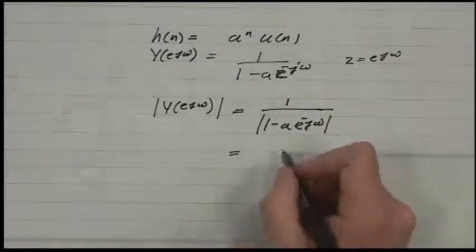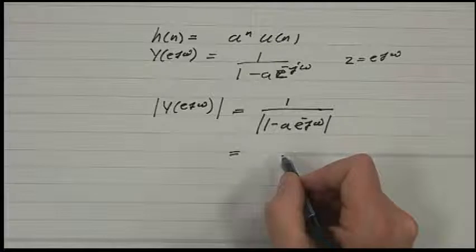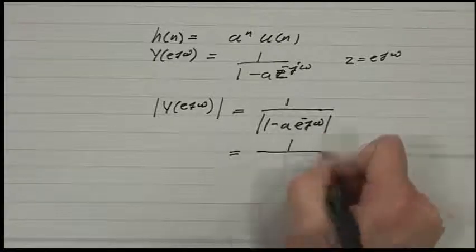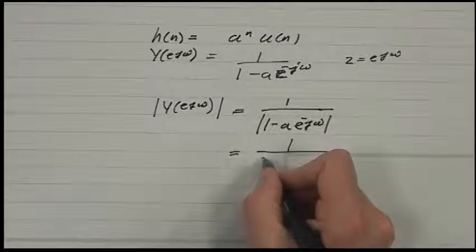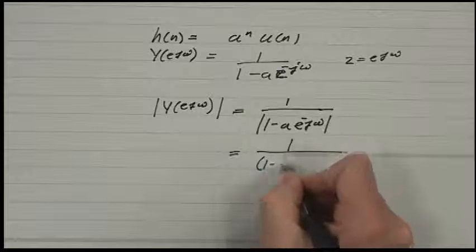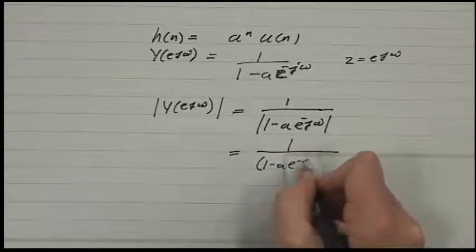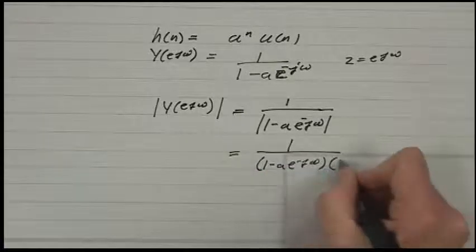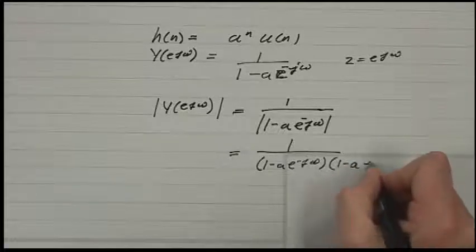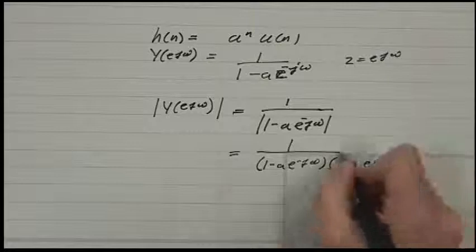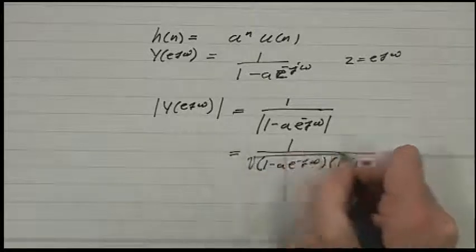So this becomes 1 over, let's do it like this, we'll take it to be 1 minus a times e to the minus j omega times 1 minus a times e to the j omega, and take the square root.